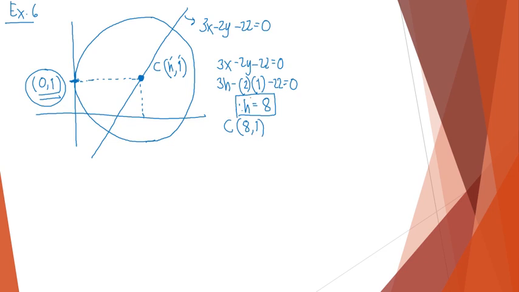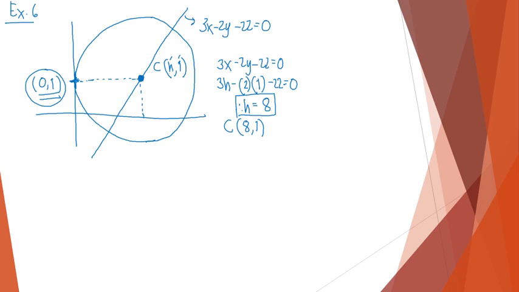Okay, so our problem now is the radius. What will be our radius? Take note that what we got here is the center, and from the center to the point of tangency, which is a point on the circle.